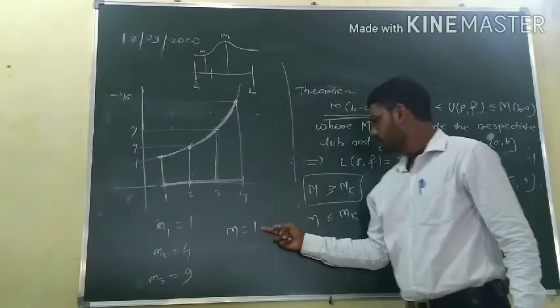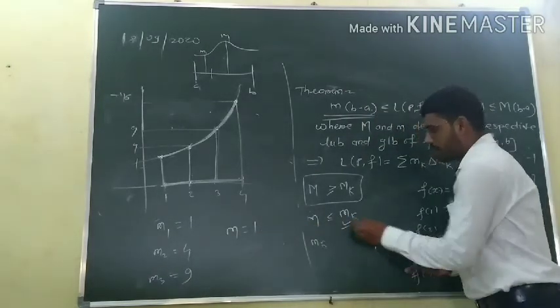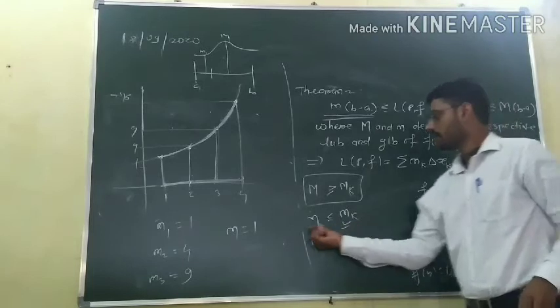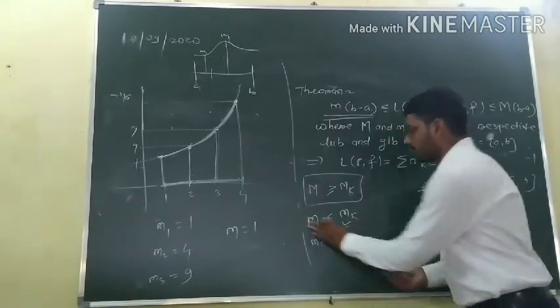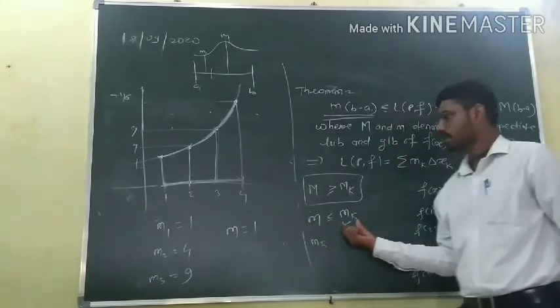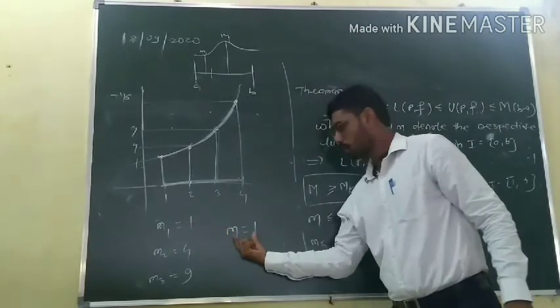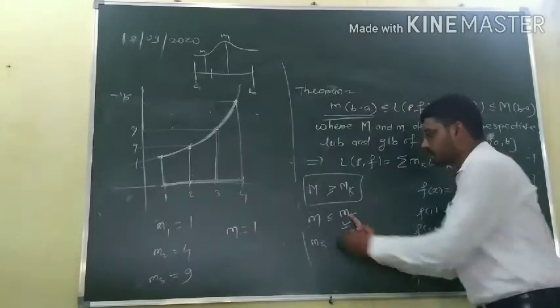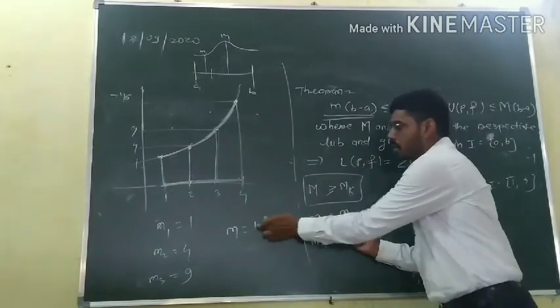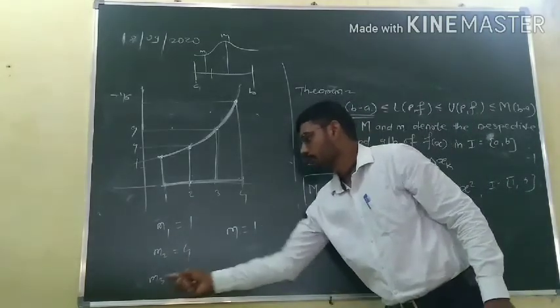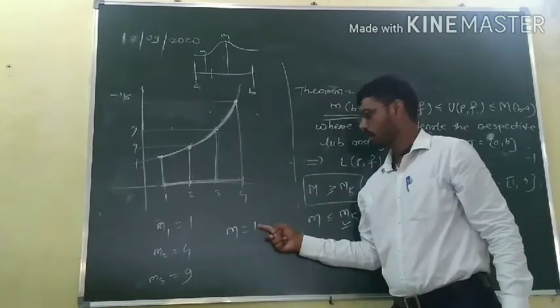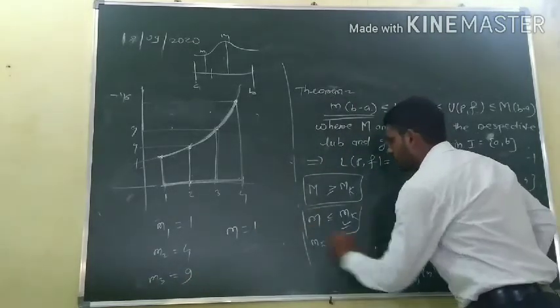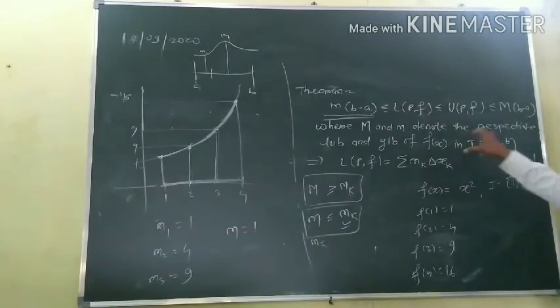This means that these small mk are always greater than or equal to small m. Here m1 and m are equal, while m2 is strictly greater than m, and m3, 9, is strictly greater than 1. These two relations are important for proving this theorem.